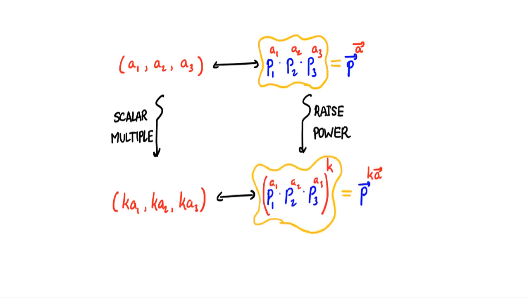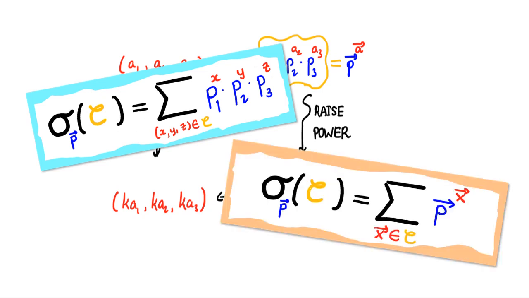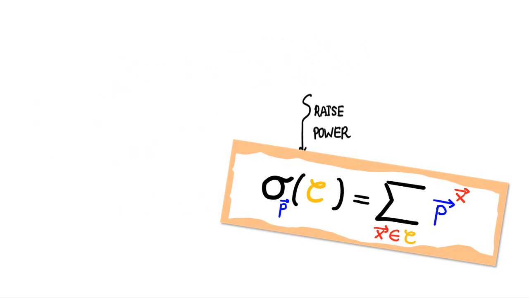Again, the vector exponent notation makes this much more clear. So, with this convention, the look of our sigma changes from this to this, which is much cleaner. Okay, we're ready to go on to step 3.